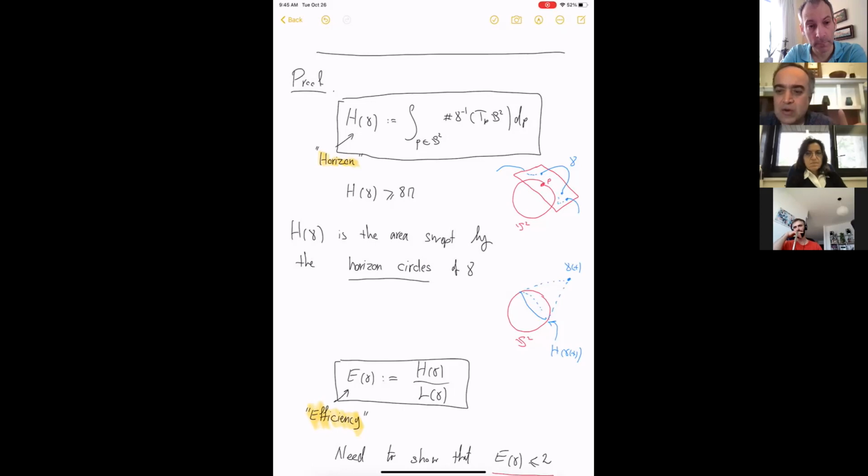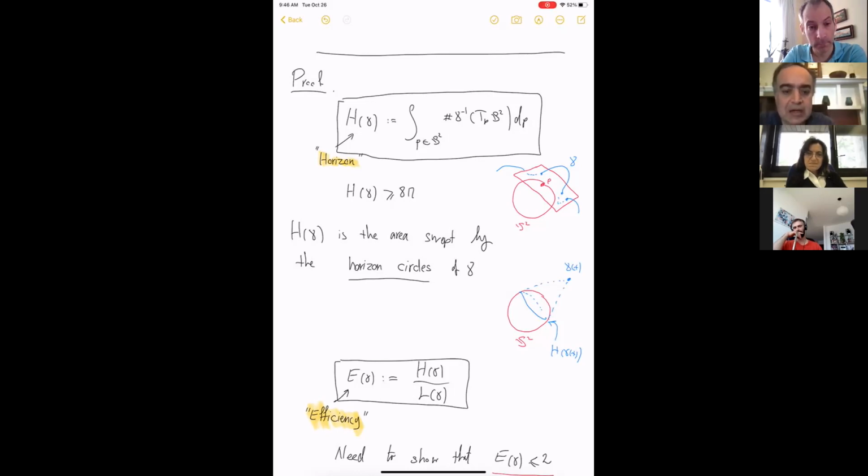That's this integral that I have drawn. Now, it's immediate from the definition that the horizon should be at least 8 pi. Why? Because my curve is closed, so it's going to intersect every tangent plane at least twice. So I get at least twice the area of my sphere.